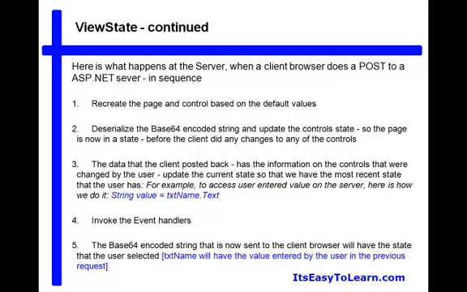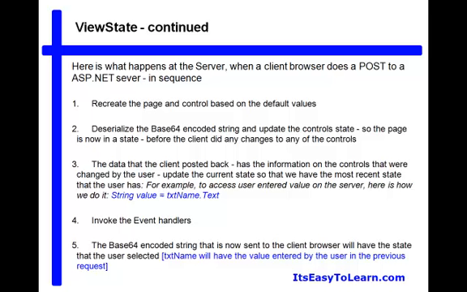What it does is, first and foremost, number one, it recreates the page based on default values. It looks at default.aspx and it builds the default values. Second, the base64 encoded string, which was a hidden field which is also sent to the server, is deserialized, and when it is deserialized, it gets back a name value pair.